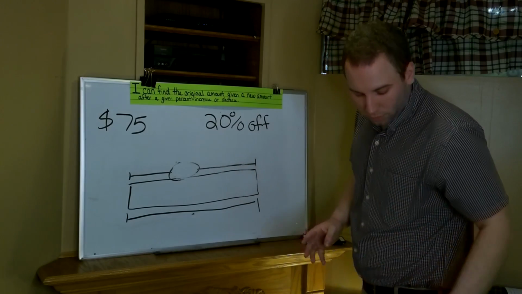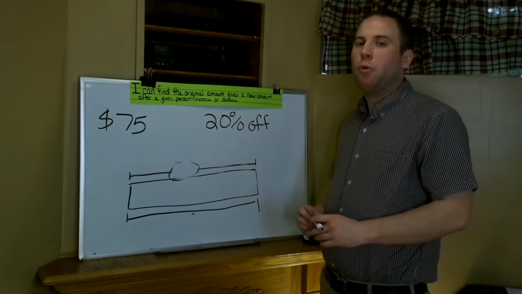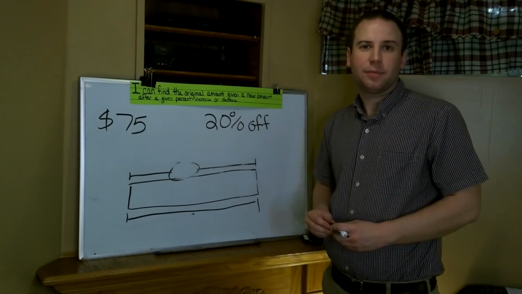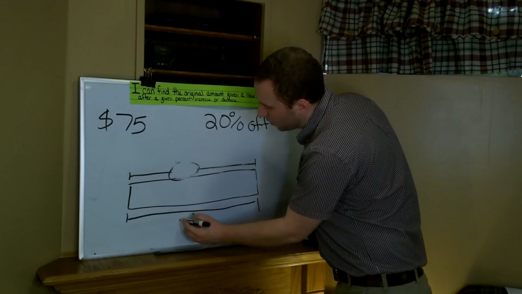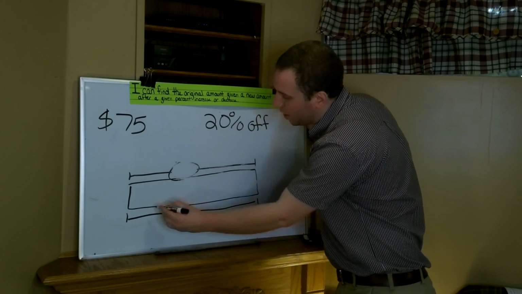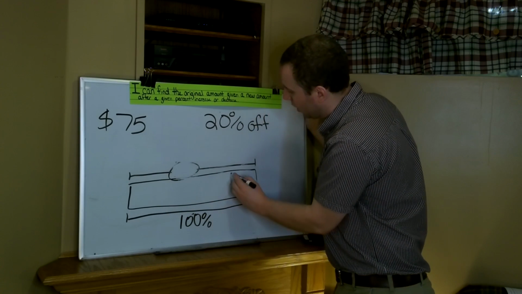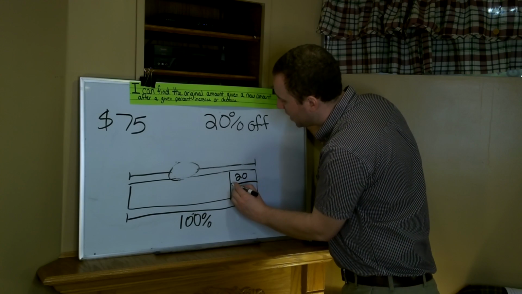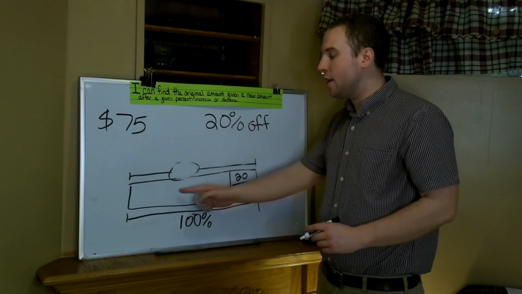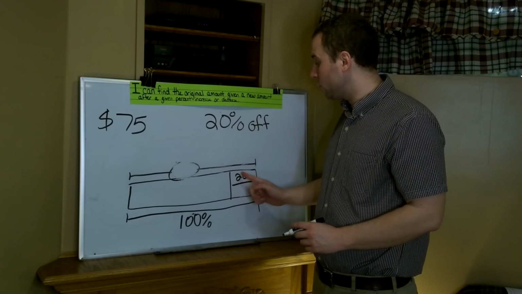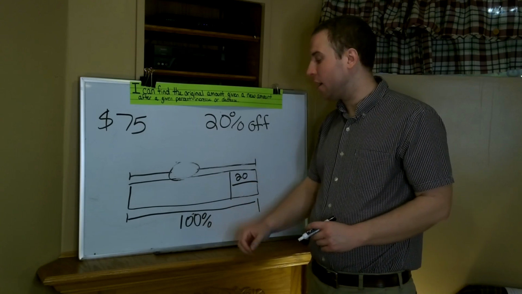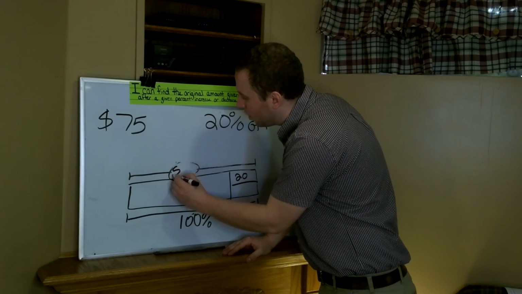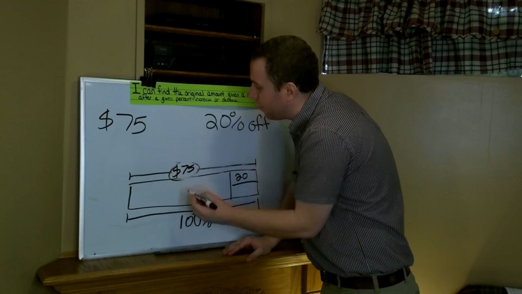So again, how do we go about doing this? Once again, 100 would be our total percentage. 20% would be our value in our bar. This little notch right here represents 20, it's 20 out of 100. And our total value would be $75.